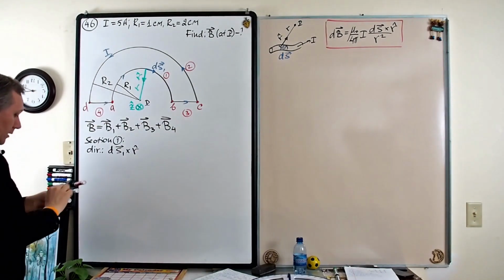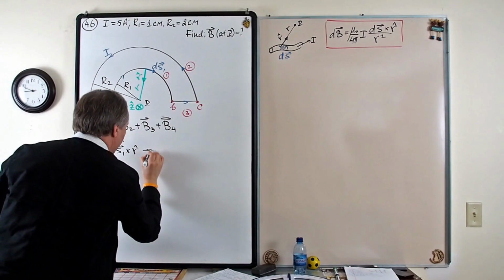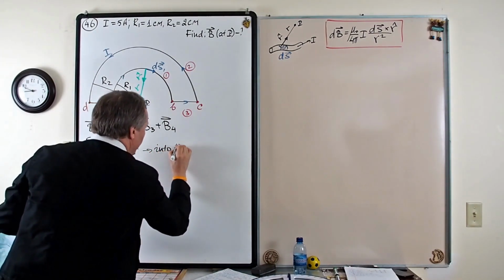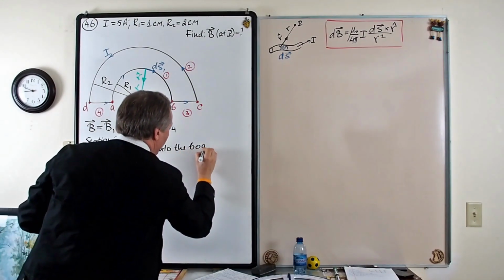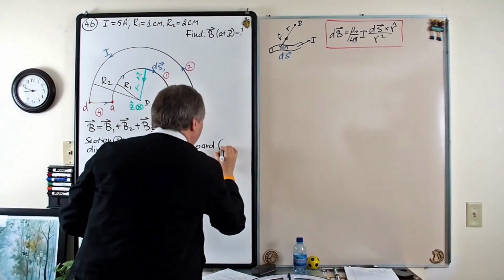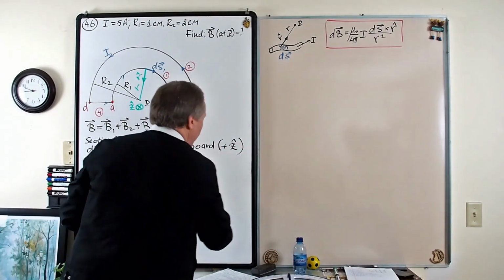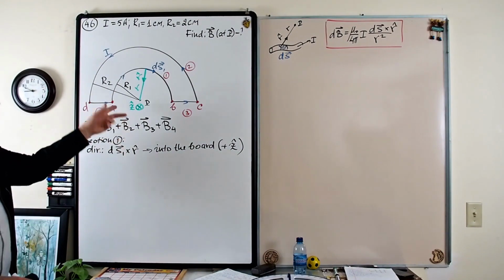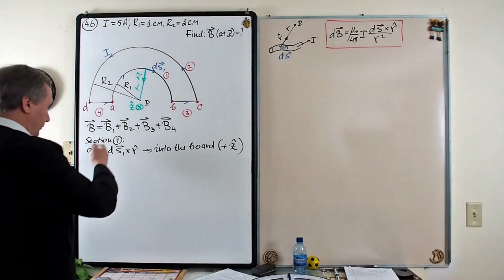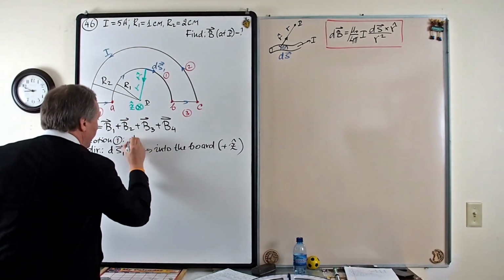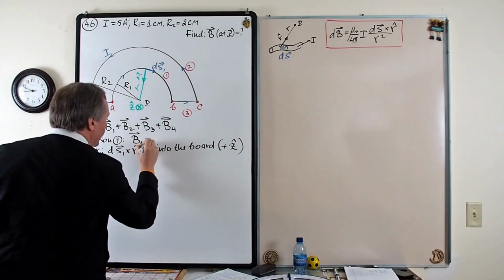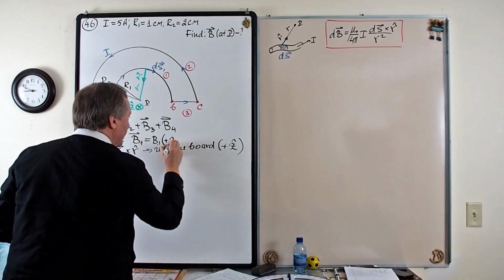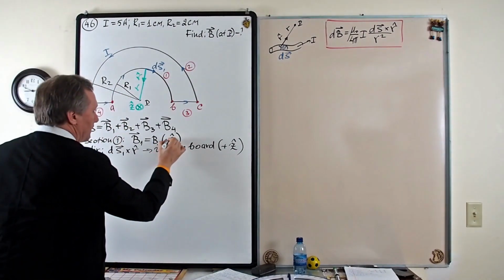So as a result, I can write that this is into the board, which is the plus z hat direction. Okay, so now I know the direction, and I should be able to write B. Vector B1 will be the absolute value of B1 times plus z hat direction.